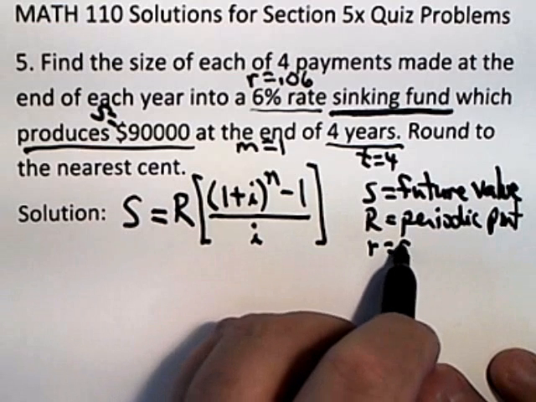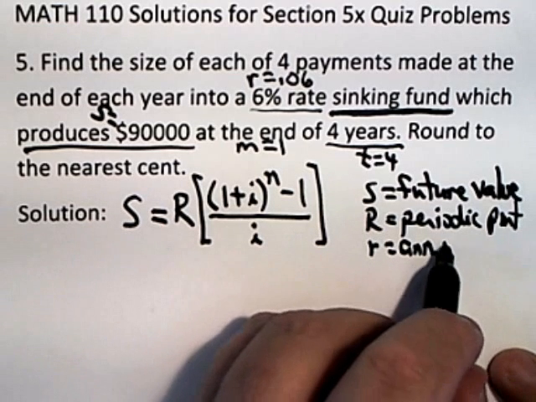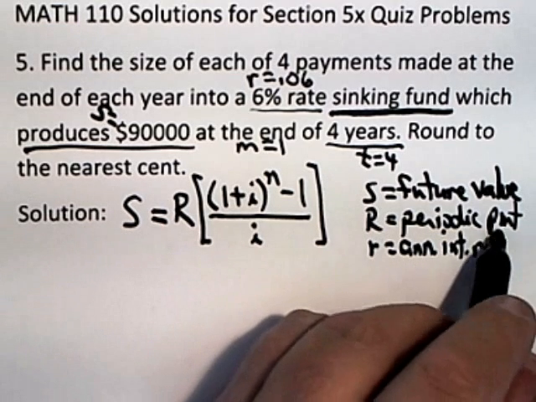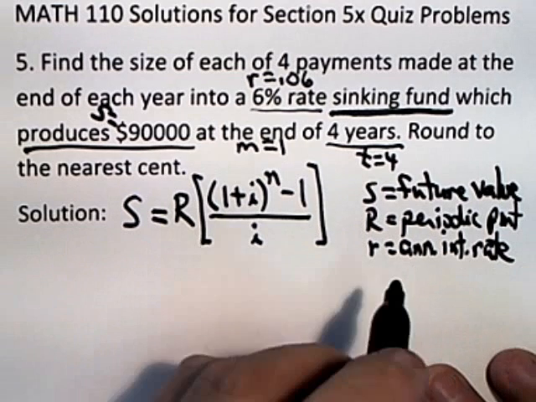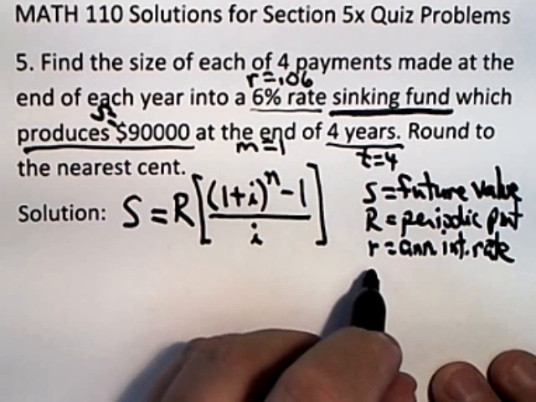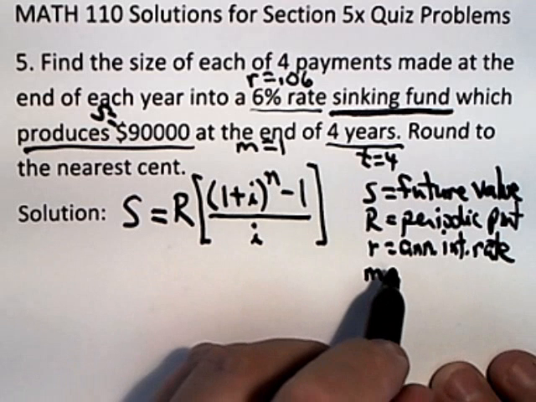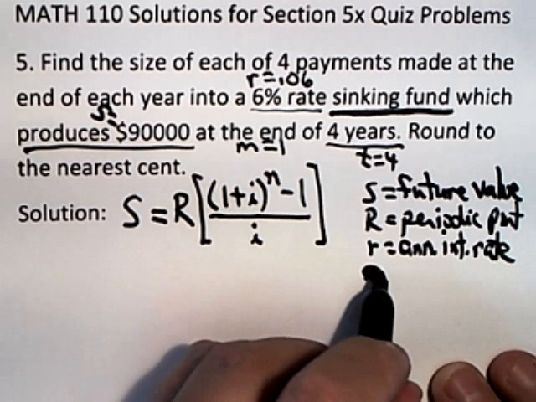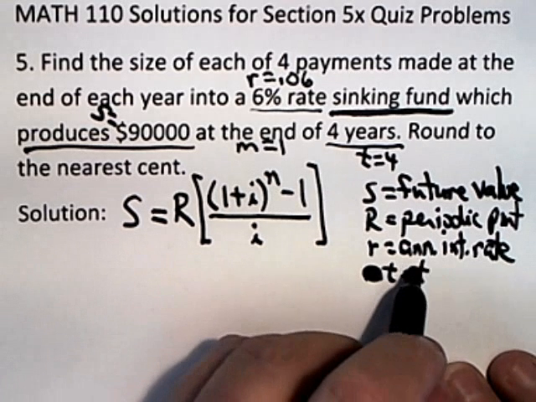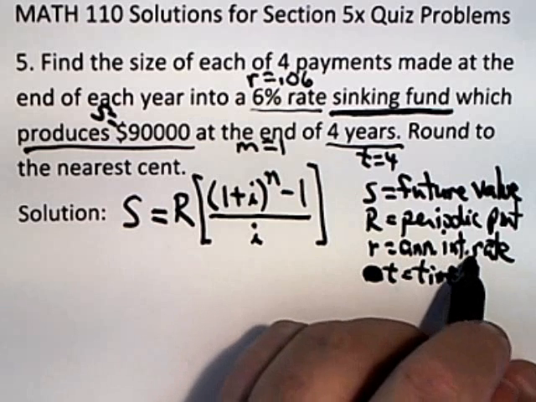Little r is the annual interest rate. Let's do t next. Little t is the time given in years.